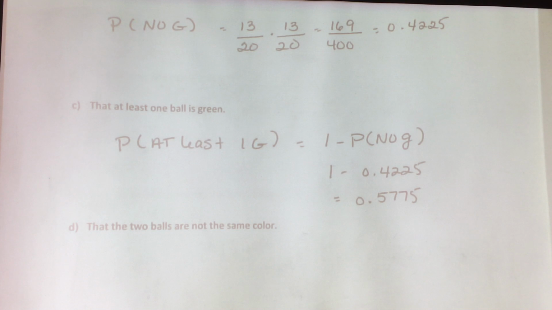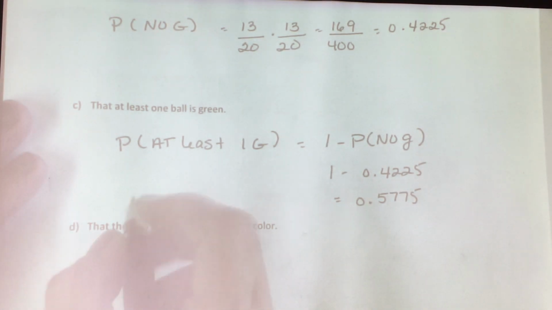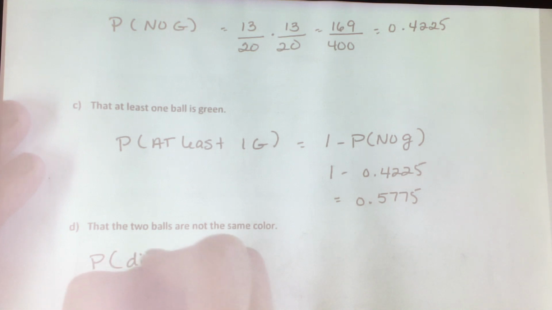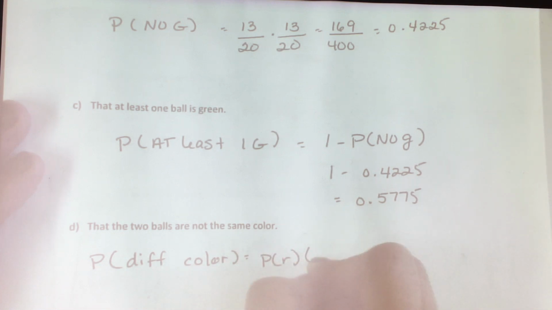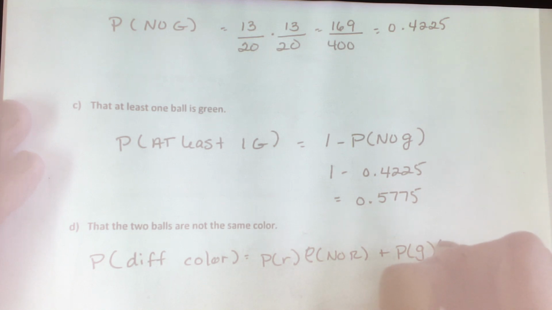And letter D, find the probability that the 2 balls are not the same color. You're going to do the probability of red times the probability of not red, plus the probability of green times the probability of not green, and then plus the probability of white times the probability of not white.